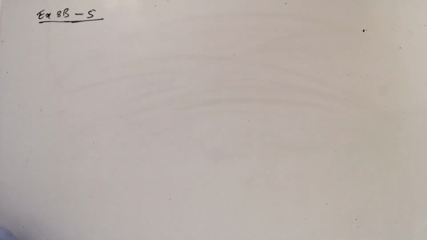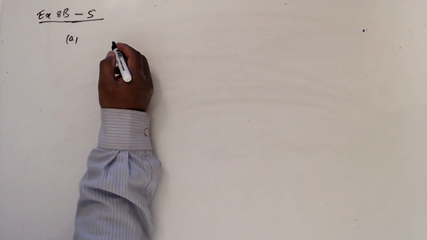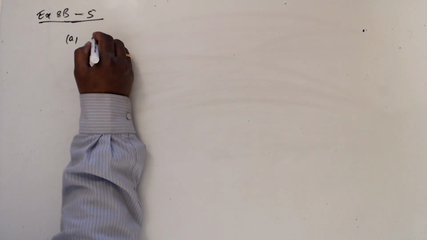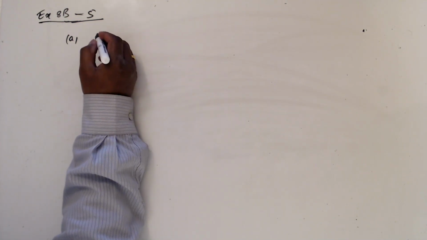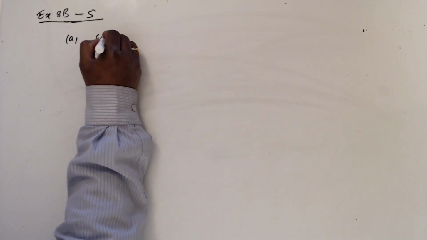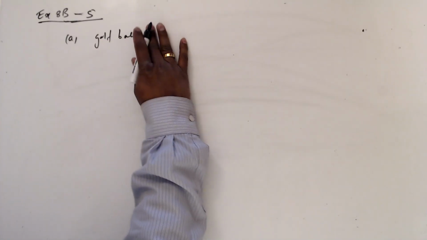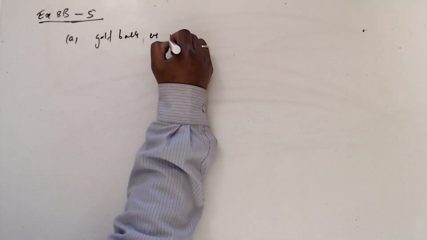And the next, question number 5. Make a list of assumptions you might make to create a simple model of the following. Part A, the motion of a golf ball after a hit. We can assume that it is a particle.